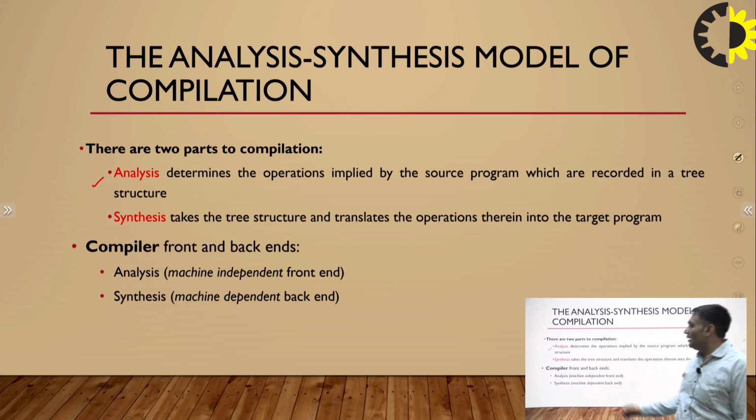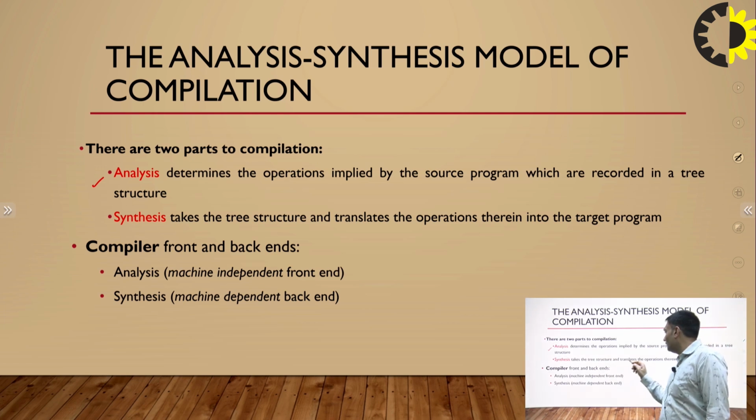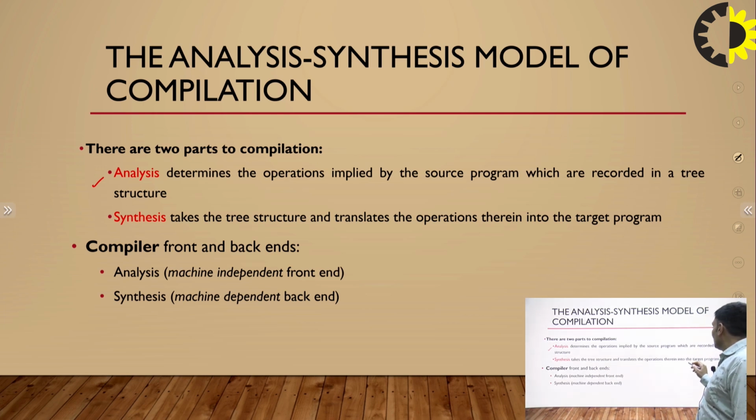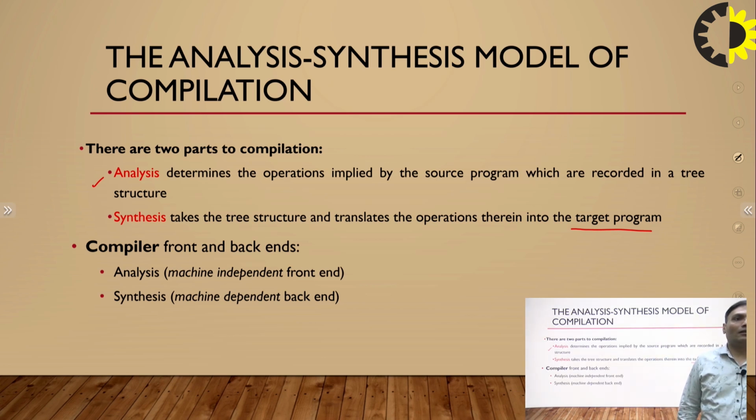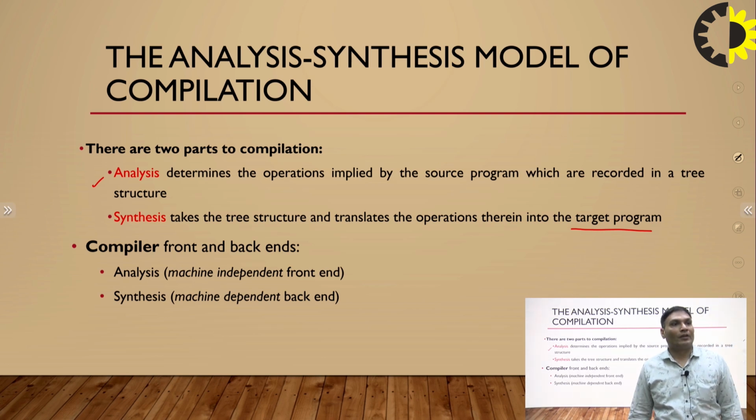The synthesis part takes the tree structure and translates the operations into the target program. This tree structure is taken by the last 3 phases of the compiler, which utilize it to generate the required target code.